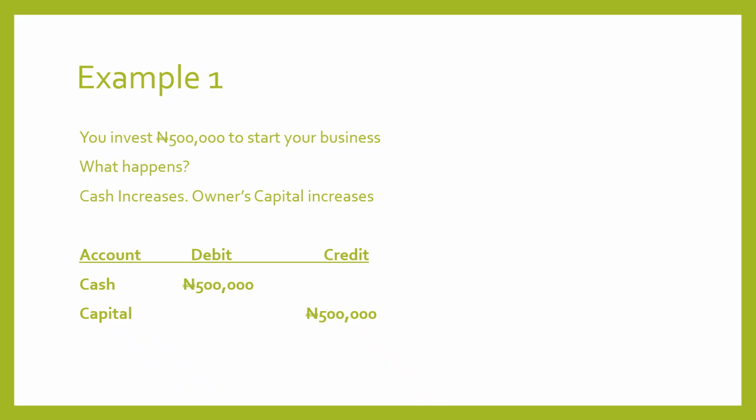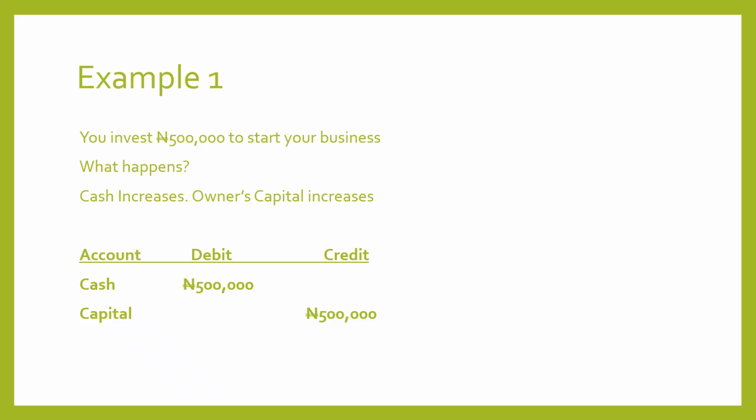You are the owner of the business, equity holder. So it involves what? Cash account and what? Capital account. Now, cash account is an asset account, so it will increase when you bring in 500,000. So it will be on the debit side. Meanwhile, capital account equity will also increase when you bring in equity on the what? Credit side. So this is the debit and the credit. That is what it simply means.